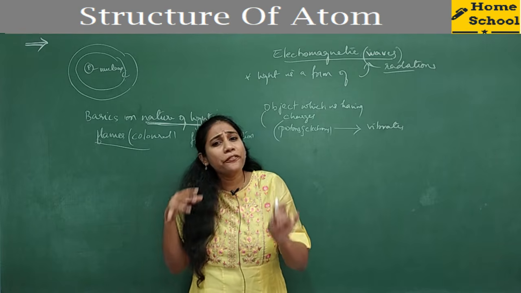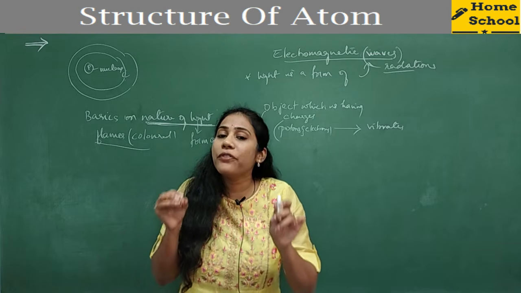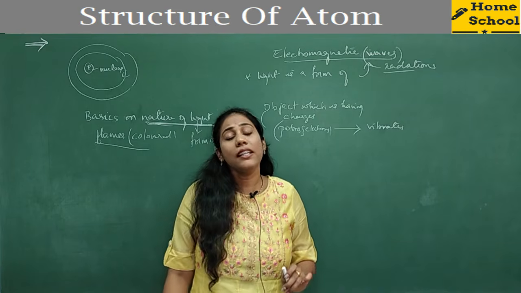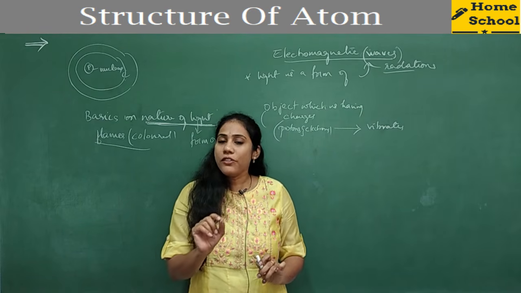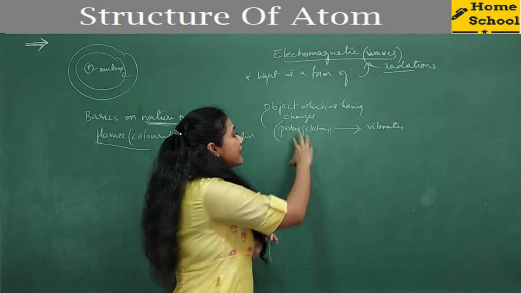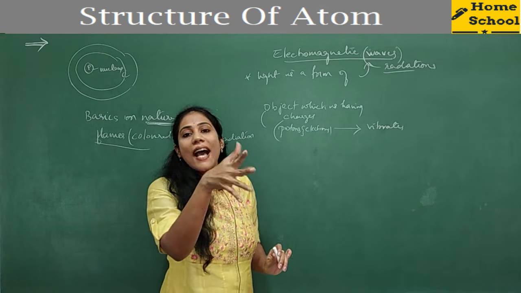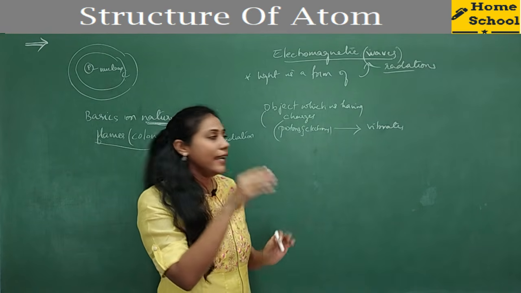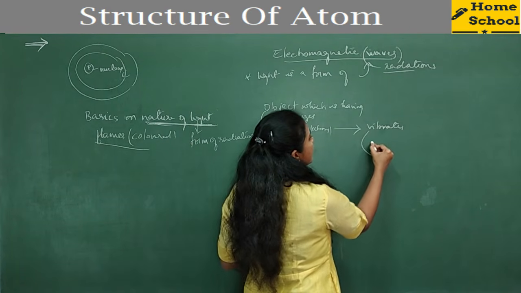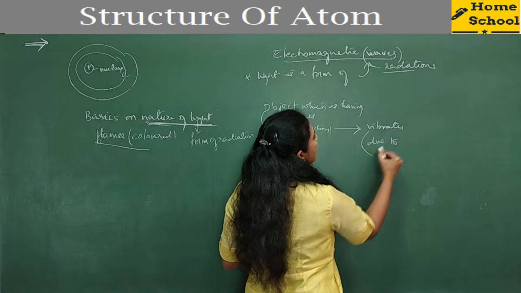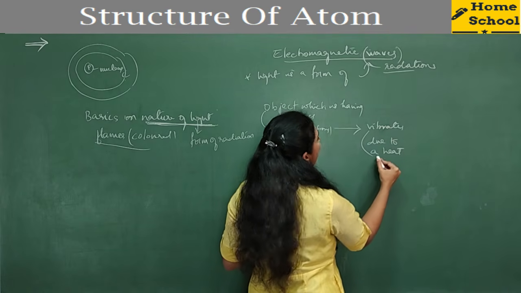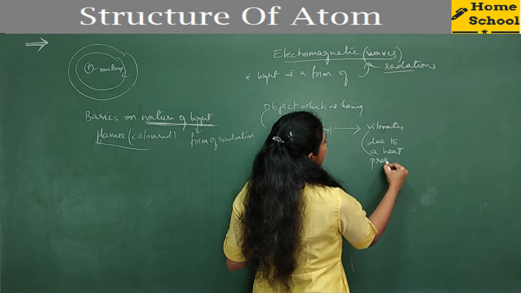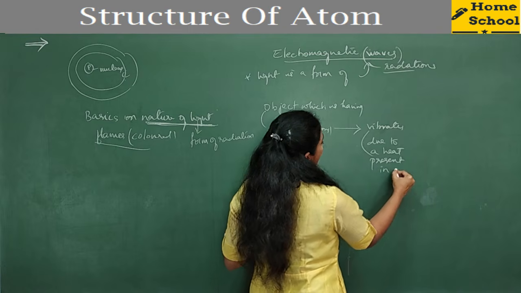So each and every body, each and every object in the atmosphere has a certain level of heat. Because of this heat, these charges start vibrating. So vibration is due to heat energy present in an object.